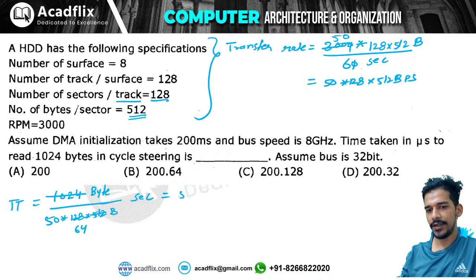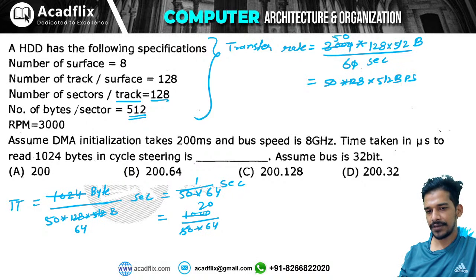So it is 1 divided by 50 into 64 seconds. We can convert this into microseconds by multiplying by 10 to the power 3, that is 1000, so 1000 divided by 50 into 64. This comes out to be 20.